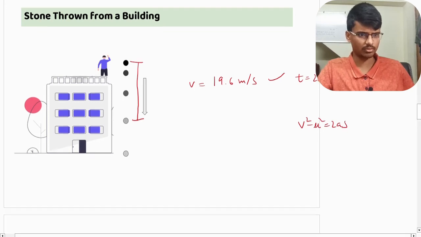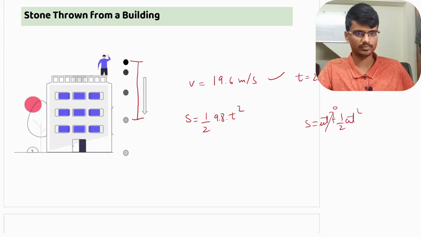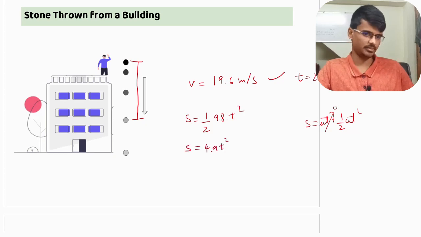Sorry, not this formula, this formula won't work. We'll use s is equal to ut plus half at square. Ut will be 0 because u is 0, so half at square. So the distance at any instant of time can be found using this formula, 9.8 into t square divided by 2, which is nothing but 4.9 t square. So this is my distance.